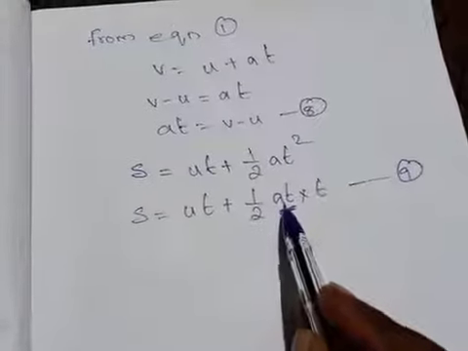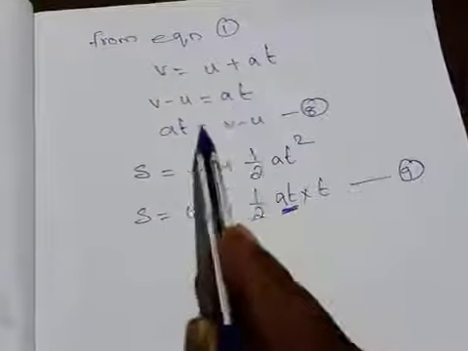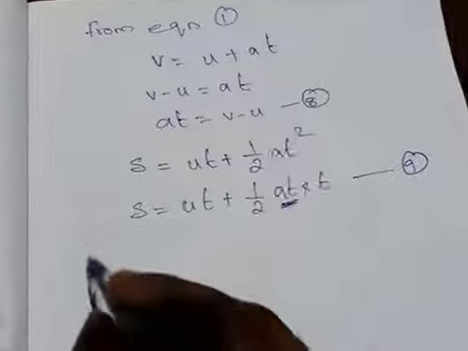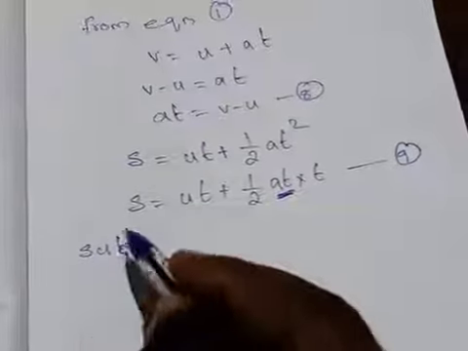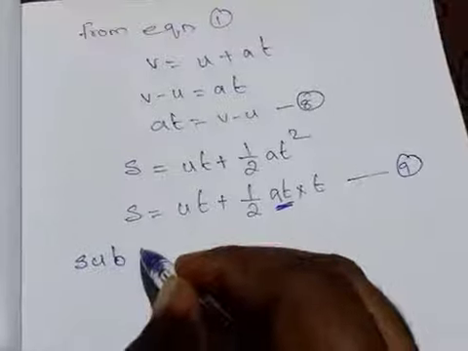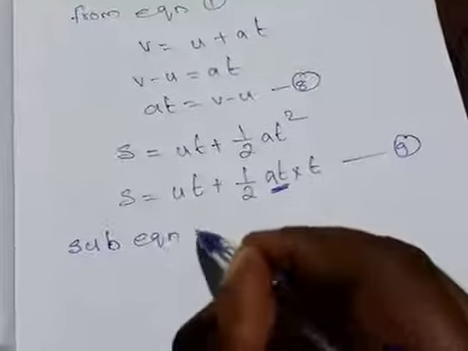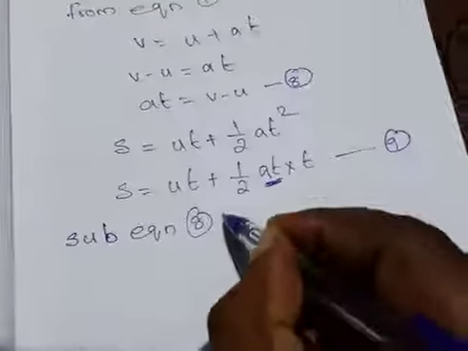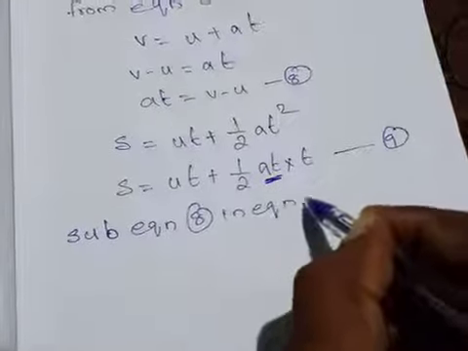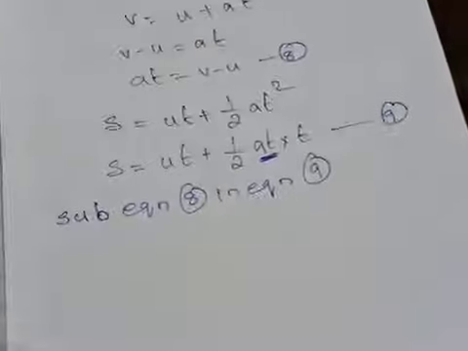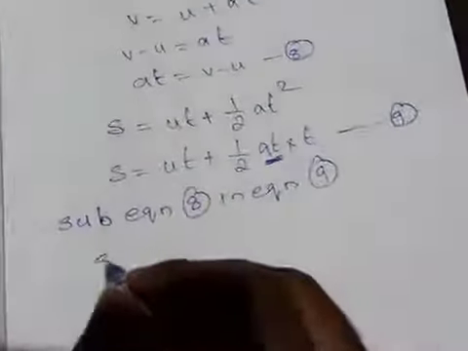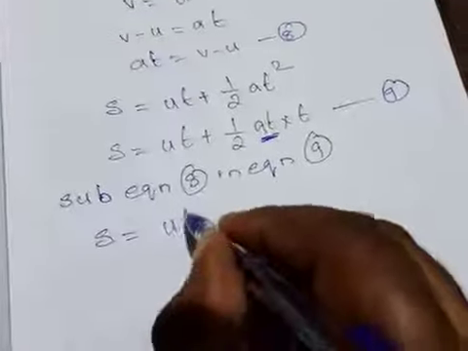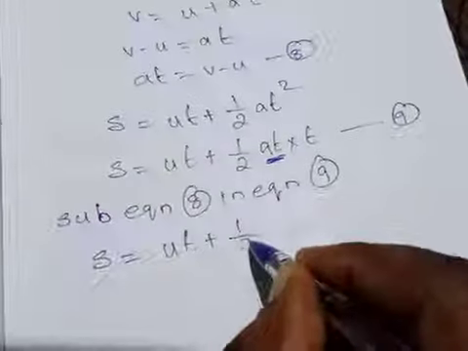Now instead of this at, you have to substitute v minus u. So substitute equation 8 in equation 9. So what we will get? S is equal to ut plus half.